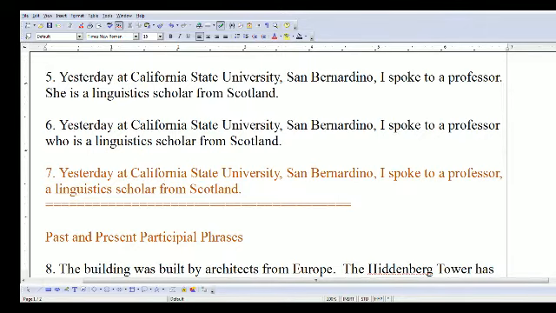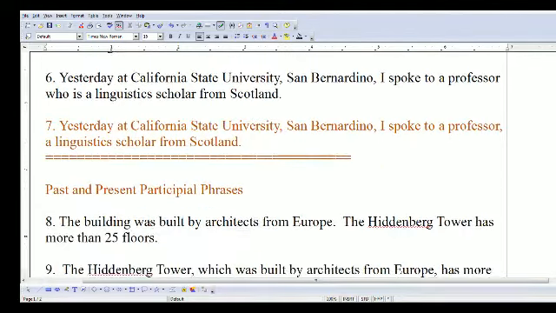If you don't follow that rule, you end up with what are called misplaced modifiers or dangling participles, which is not good for your speaking or your writing. So we say, yesterday at California State University, San Bernardino, I spoke to a professor, a linguistics scholar from Scotland. Normally we don't put a comma when we have additional information, but we have to put the comma here to separate this noun from that noun.